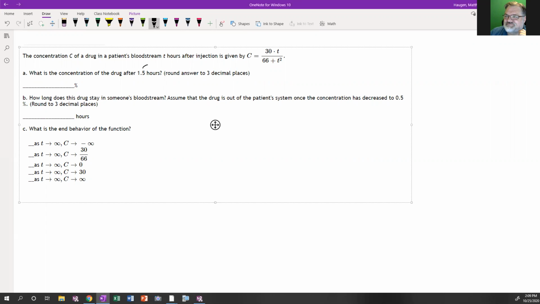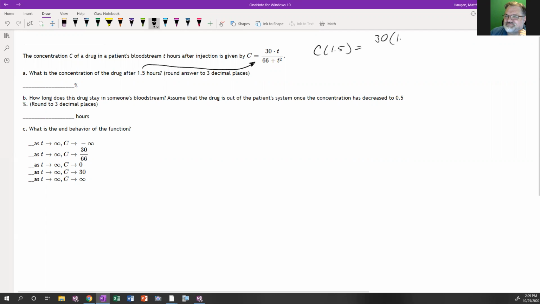Okay, so that's just us taking that hour and a half and evaluating that function C at 1.5. So whatever 30 times 1.5 divided by 66 plus 1.5 squared is, that's going to give us some value.